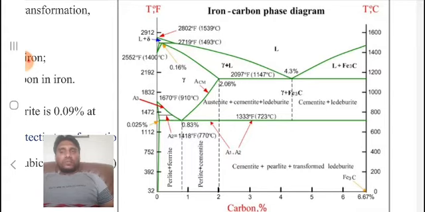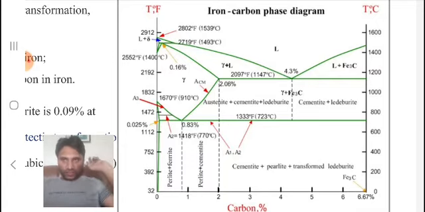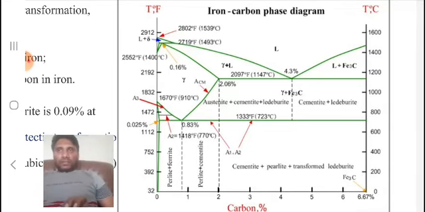By heat treating, we can change the phases present in the grains and the grain size. This is the main idea behind heat treatment. How we do that, we will be discussing in a separate video session on the heat treatment process. So that is the one other factor that we are discussing in this video.